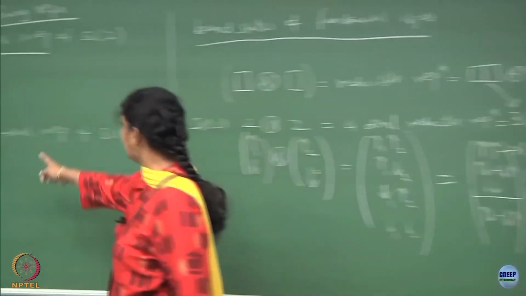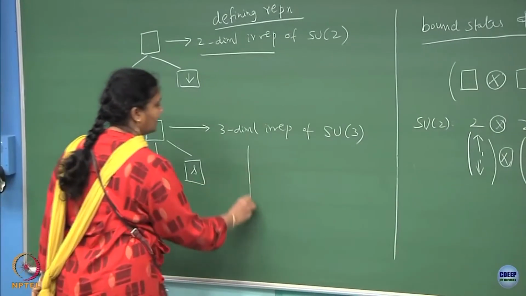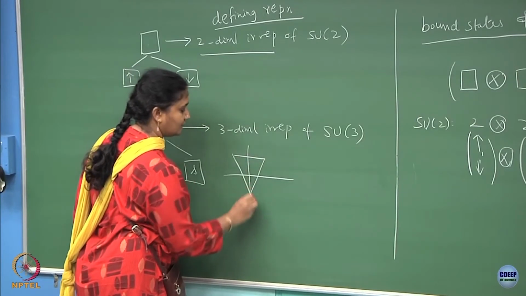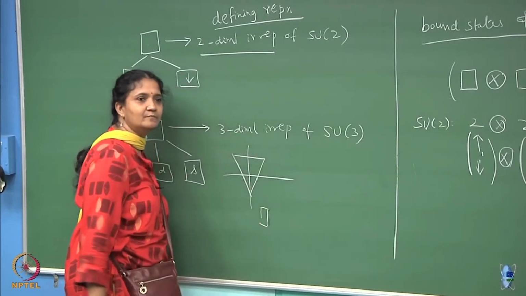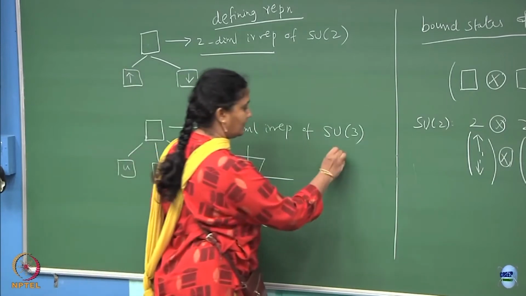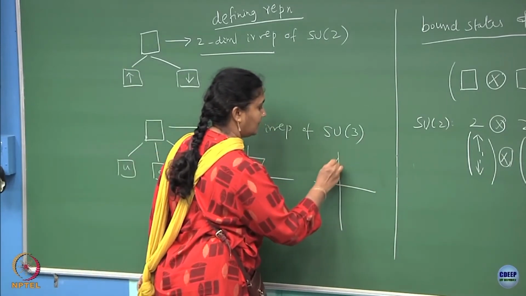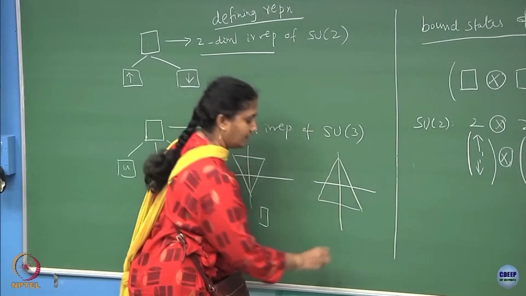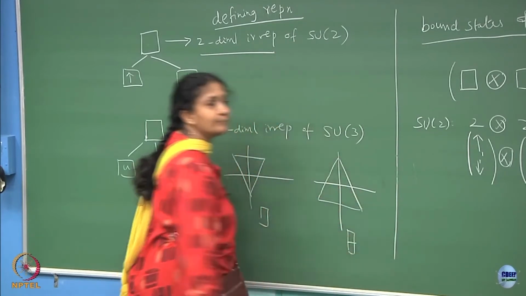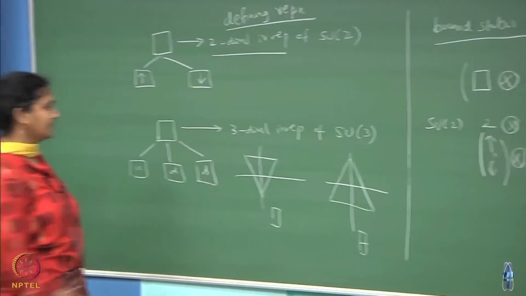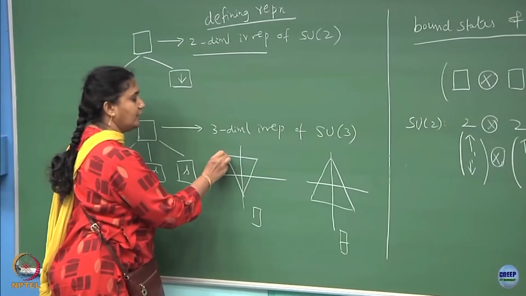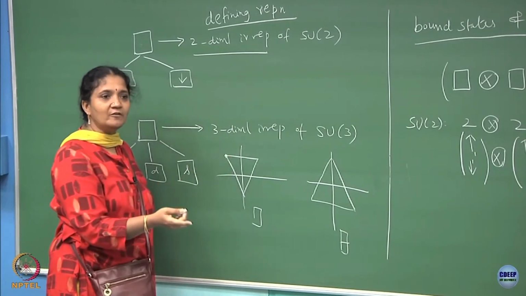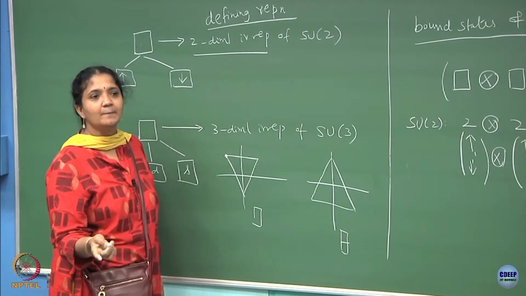So, if you remember here, I also drew the diagram which is this one for this one, and here it will be this one, that will be for this diagram. Basically, every quantum number changes sign, like an electron becoming a positron. So, the electric charges become negative.